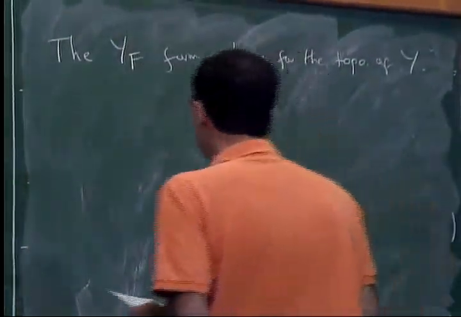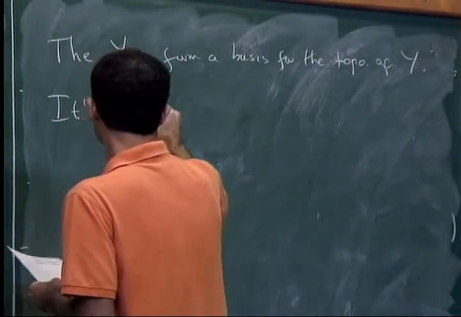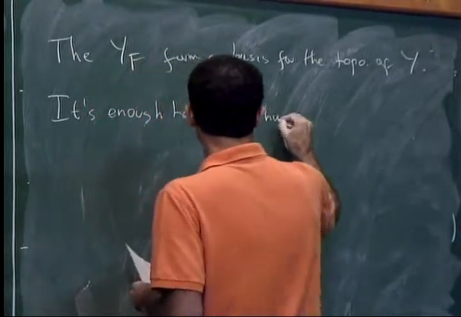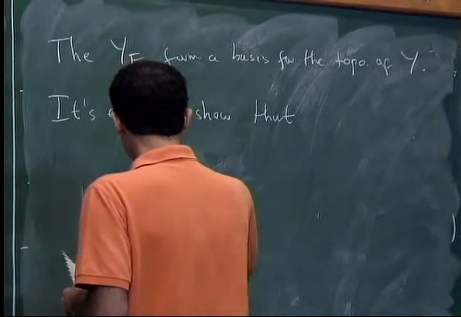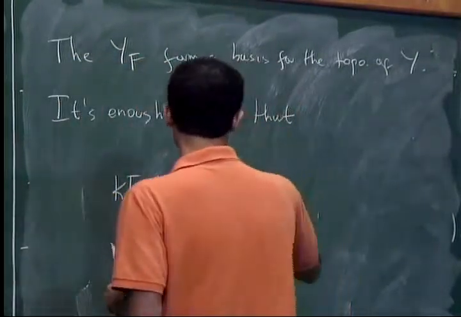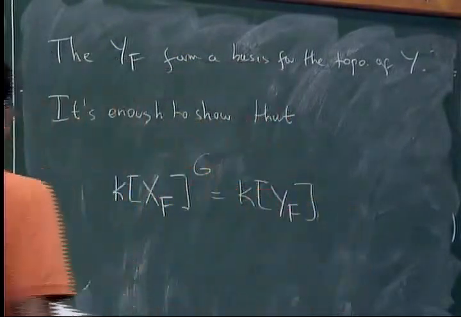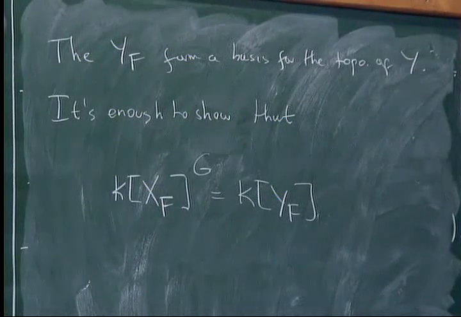Okay. And so it's enough to show that when I look at this XF, the inverse image, the ring of invariants is the ring of YF. Okay? So that's part 3 of that lemma. Once we show that for a basis of the topology, then we have a good quotient.